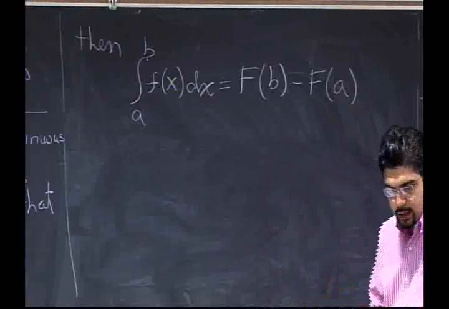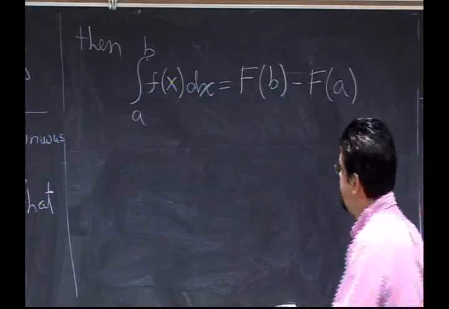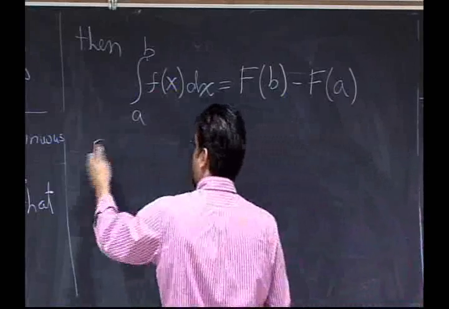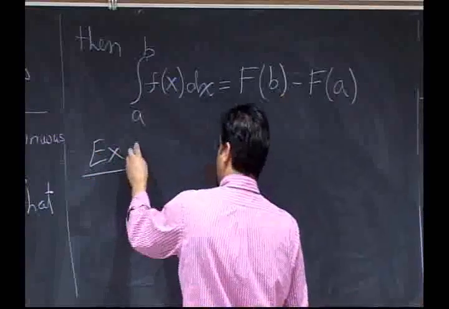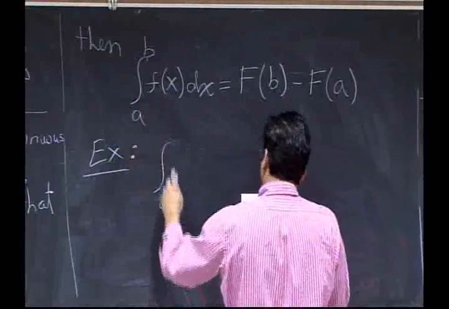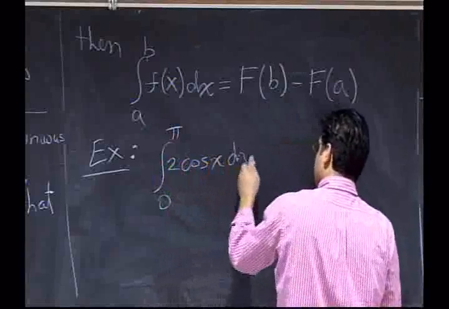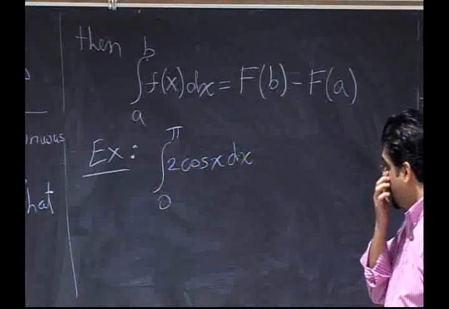So let's do an example here. Let's integrate from 0 to pi the function 2 cosine x dx. Okay?